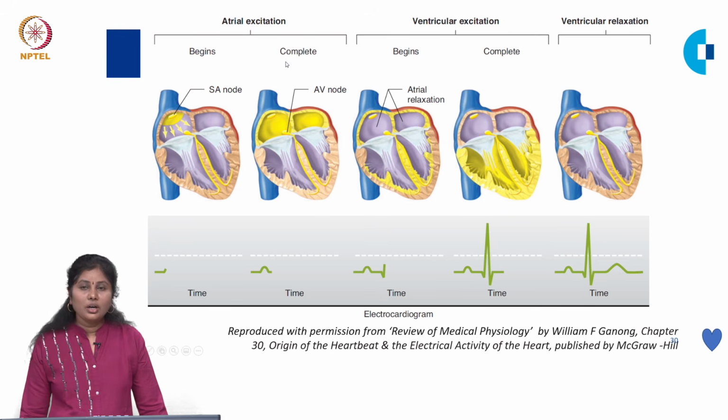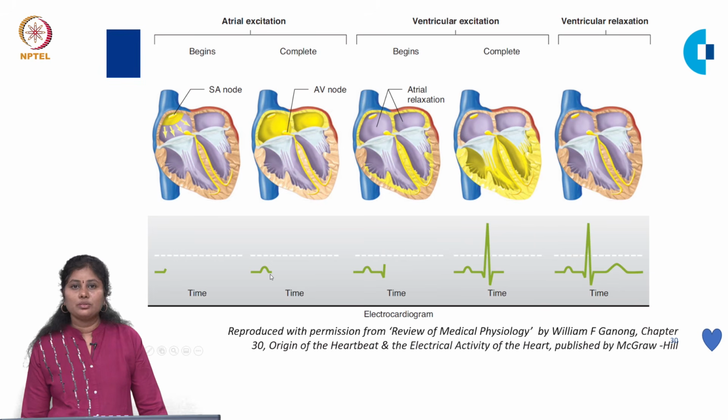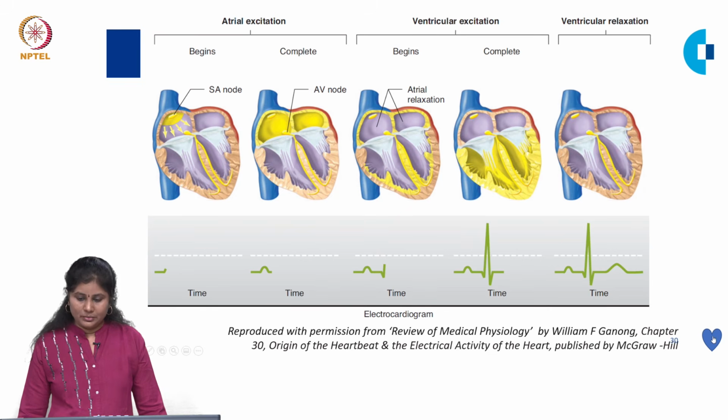Now we also saw how the wave of excitation spreads across the different parts of the conducting tissue, starting from the SA node, and then the entire atrium, right and the left atrium gets excited, that leads on to a positive wave, that is P wave. Then comes the wave of excitation along the septum and the ventricle muscle, and that completes the QRS complex, followed by the ventricular relaxation, which gives rise to the T wave.